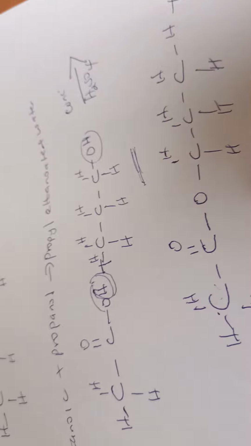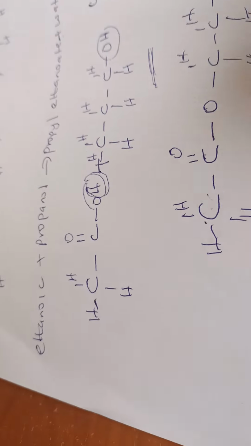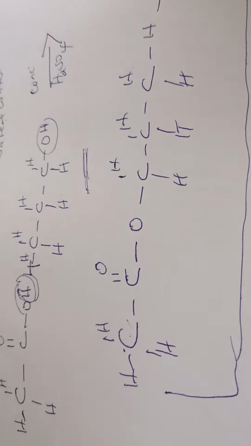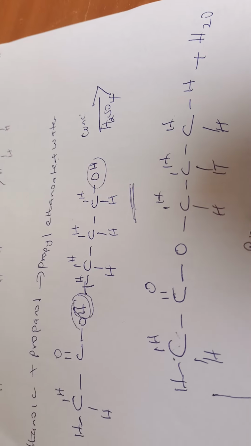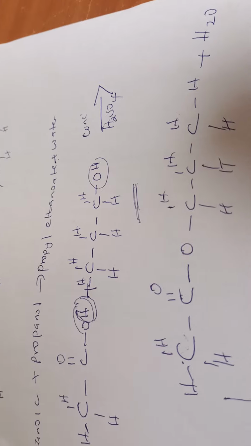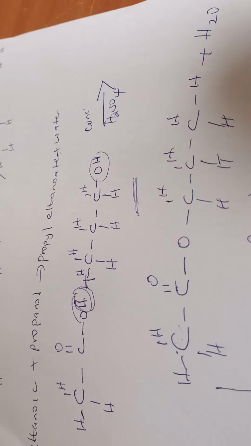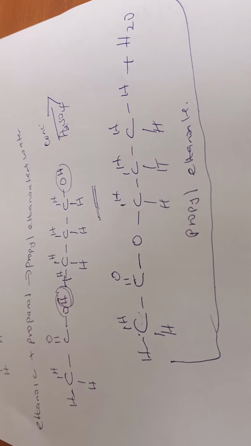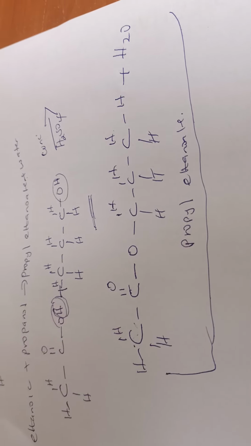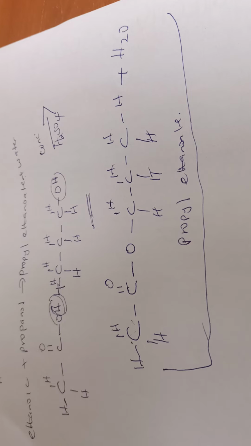Now the name of this one is propyl ethanoate. That is how it is drawn. You start with the acid followed by the alcohol.